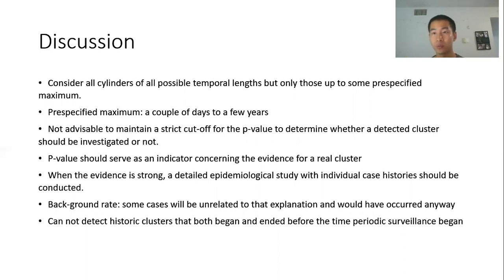And as always, we have background rate. So cancer almost always happens in every county, no matter how good or bad the environment is there. And his method cannot detect historical clusters that began or ended before the time which the surveillance began.